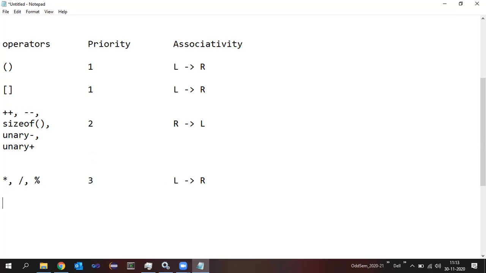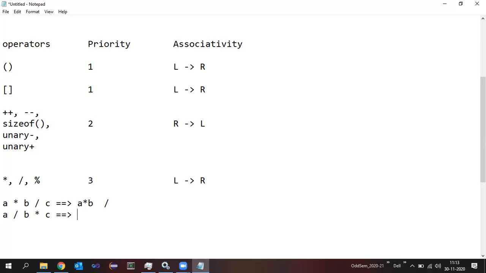For example, A * B / C. In this one, first we will perform A * B, and whatever result we get, that will be divided later.